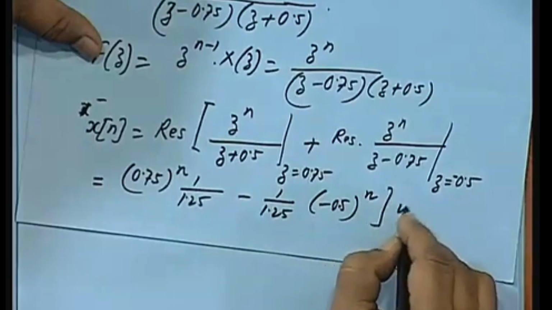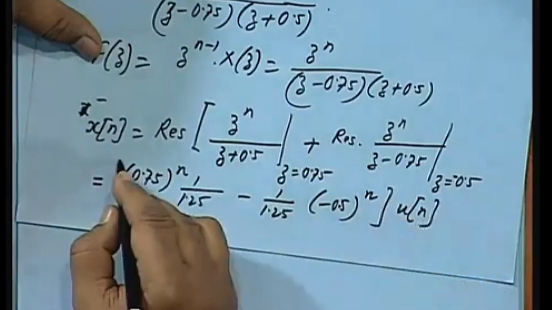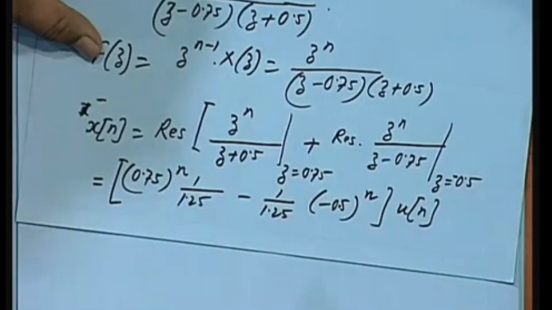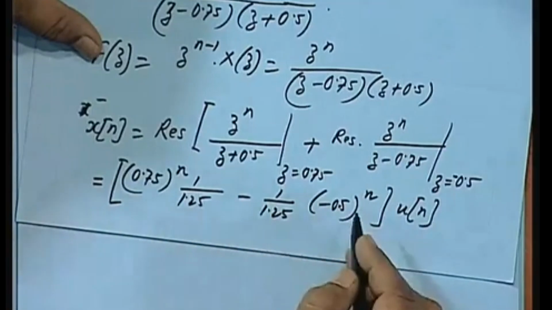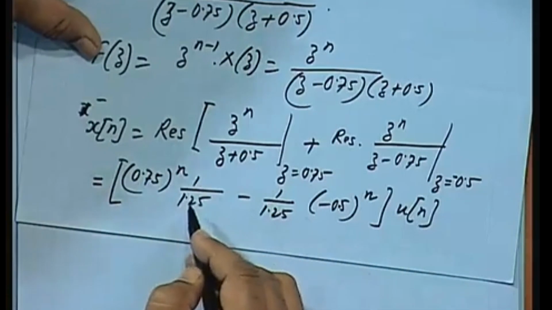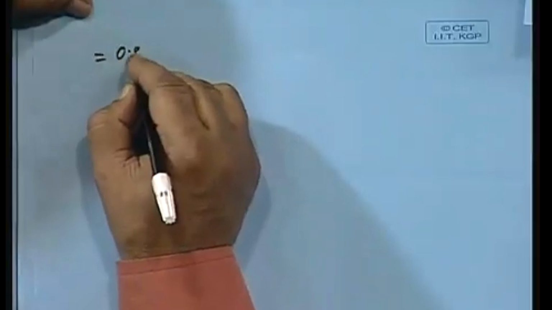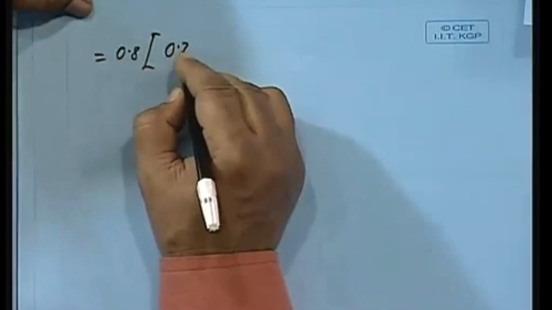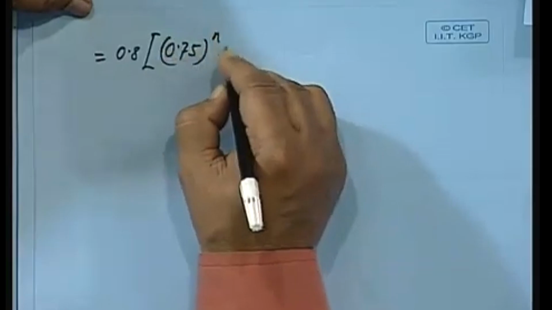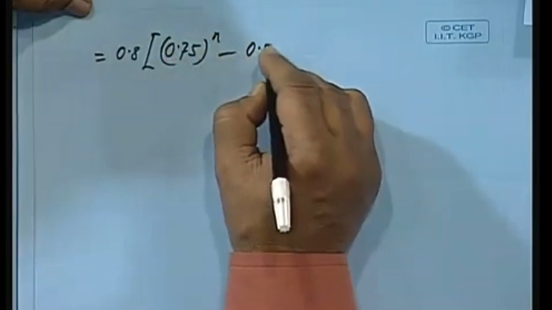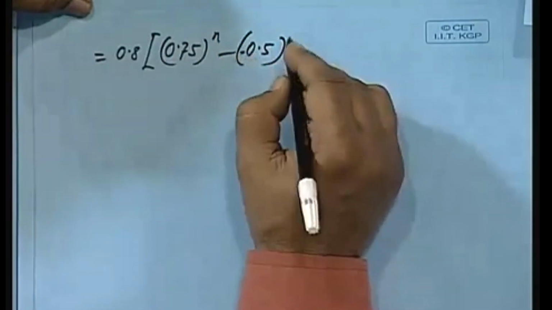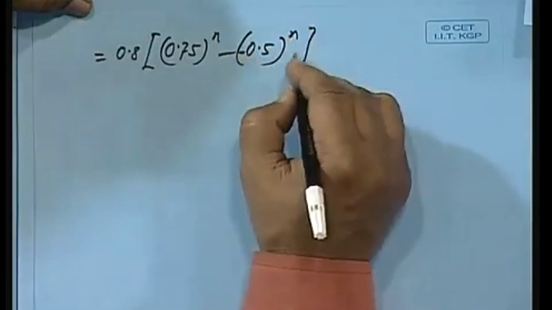So the whole thing multiplied by u[n] will be x[n]. It is so simple. This is what we got by the other method. 1 by 1.25 was 0.8, so I can take that as common. That gives you 0.8 into (0.75 to the power n minus (minus 0.5) to the power n) u[n].